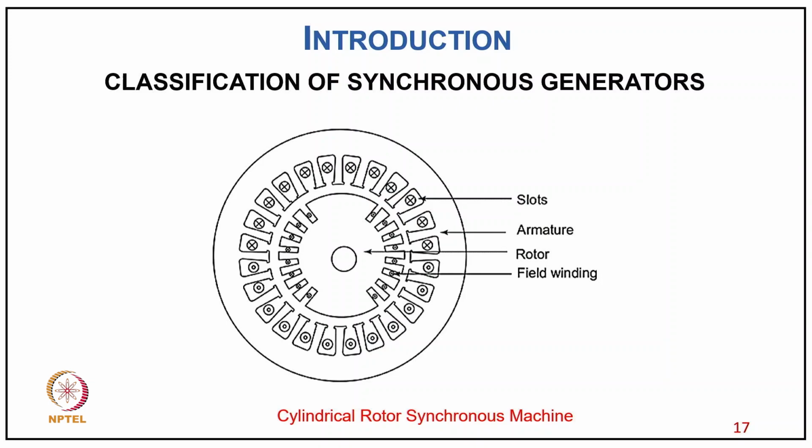It gives a uniform air gap because of the cylindrical construction operating at high speed. With the distributed field winding we are able to make the field excitation, or the flux in the air gap, very close to sinusoidal, so that we produce a sinusoidal voltage in the armature winding.